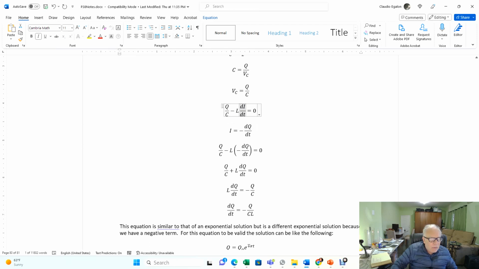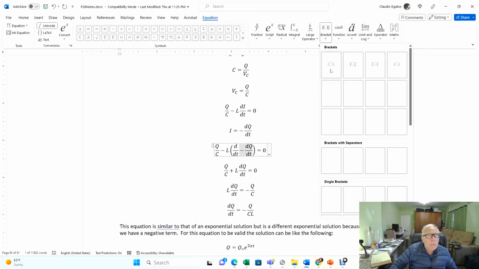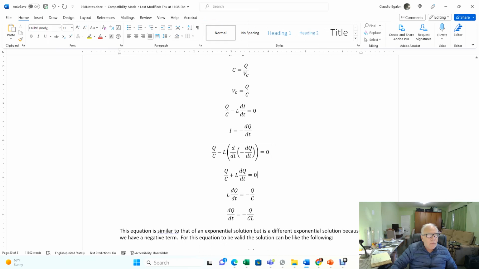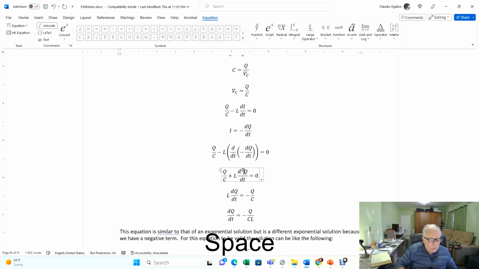So what we must have here is a d dt with a parenthesis there. So what we end up having here is actually a second derivative.